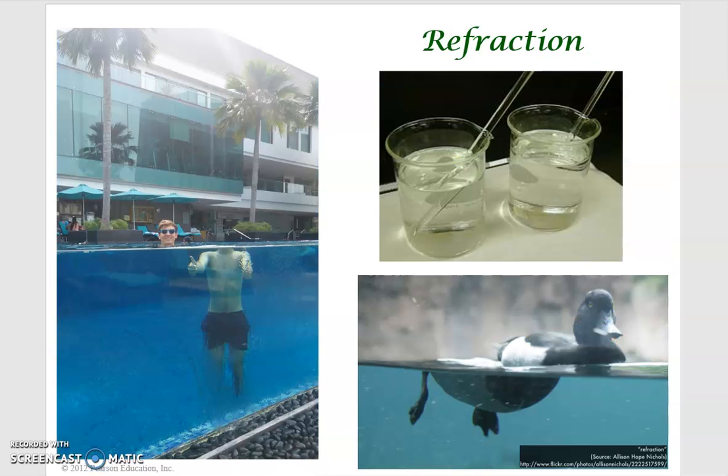Now in daily life, when you are swimming in a swimming pool and you take a picture of a person with the image above and below the water, you will see this kind of distortion of the image. It seems that the head was cut off from the body, but apparently that is not possible.